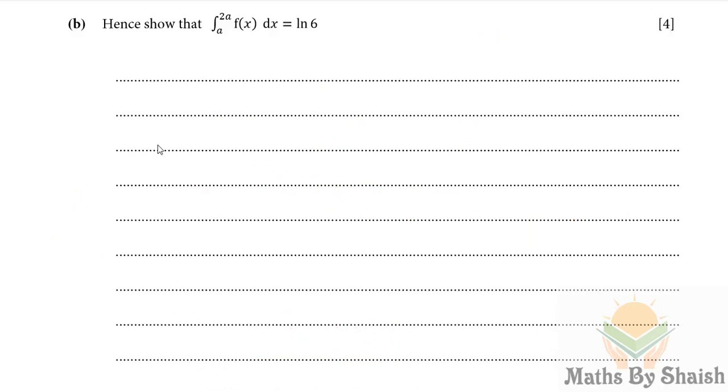And here's the b part. Hence show that the integral from a to 2a of f(x) dx is ln 6. So we are going to use our partial fractions in this case. We know that f(x), from the first part, we got as 2 over (2x minus a) plus 1 over (3a minus x).